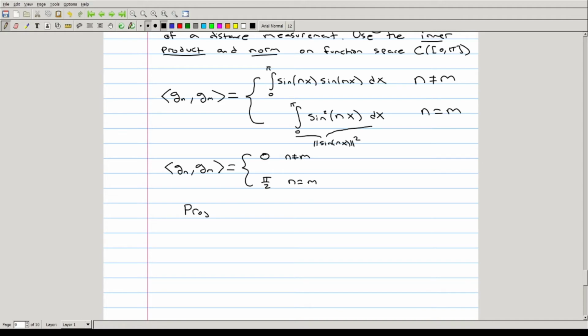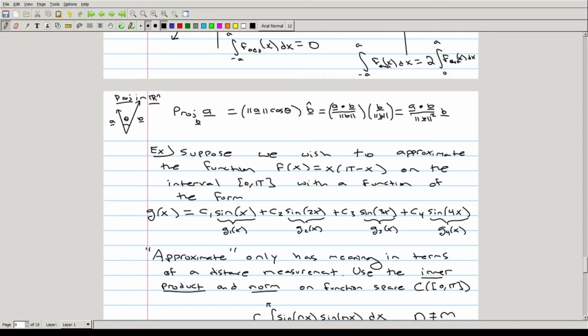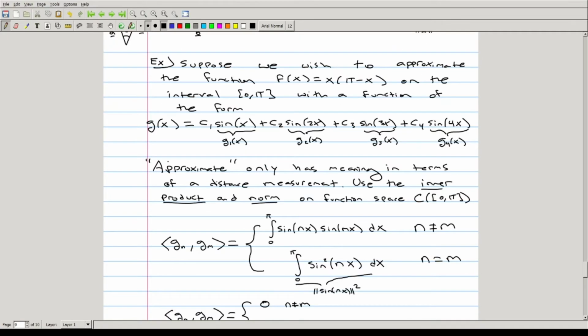Say that the projection of the function f in the direction, with quotations there, because in infinite dimensional vector space we don't really have a concept of direction, so the projection of the function f onto gi is going to be equal to the inner product of f with gi divided by the size or magnitude of gi times gi itself, in direct analog to this formula right here, our projection formula from finite dimensional vector space.